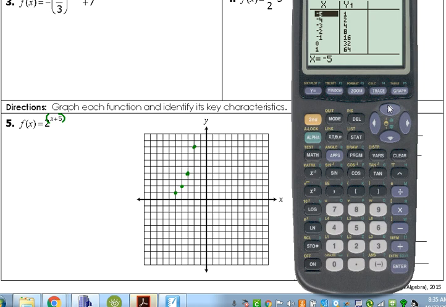That should make sense: if we were originally at 0, 1, and adding 5 to the x shifted us left 5, it should make sense that that is -5, 1. And then -6, 0.5. That's sufficient to be able to fill in the rest of our graph here.